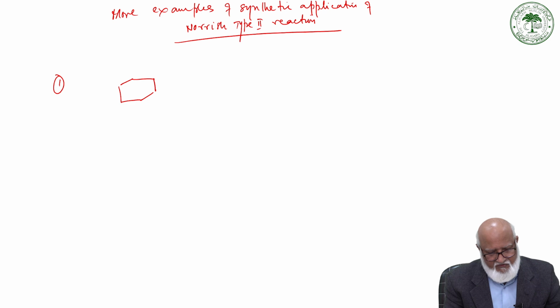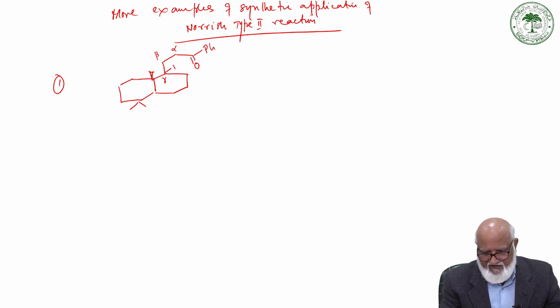We have already seen a few examples of type 2 reactions. Here this is a carbonyl, this is alpha, beta, this is a gamma hydrogen, and there is an H here.